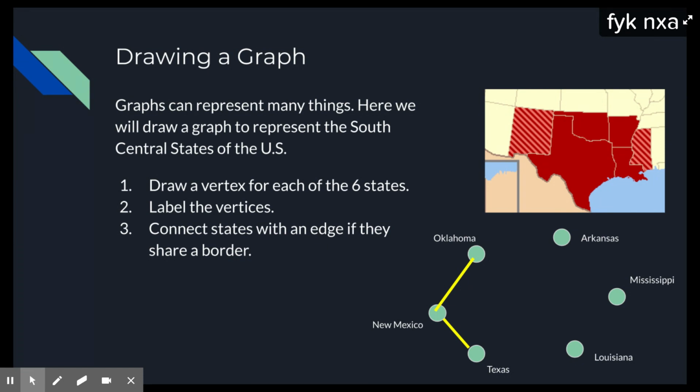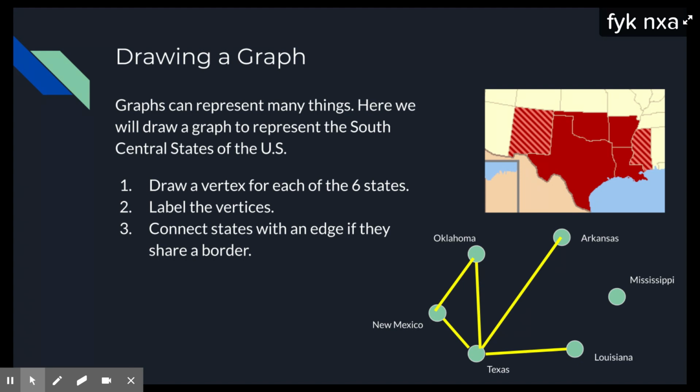And those are the only 2 states that New Mexico touches. So I'll just go to the next state. The next one, obviously, Texas. And Texas borders almost all of them. So I'm going to draw an edge between Texas and all the other states that it borders. It's already connected to New Mexico, but then I've got to add in Oklahoma, Arkansas, and Louisiana because it borders all of those states.